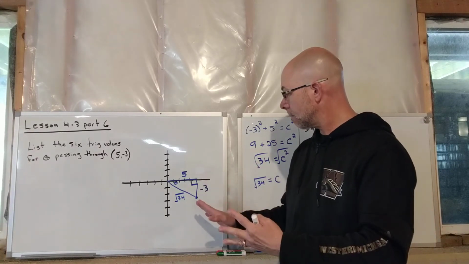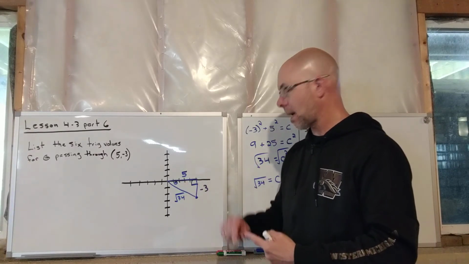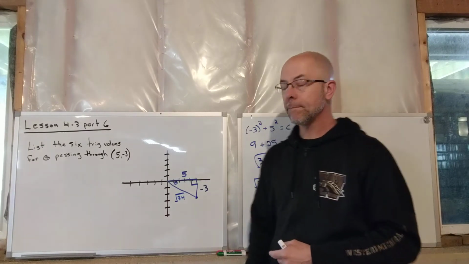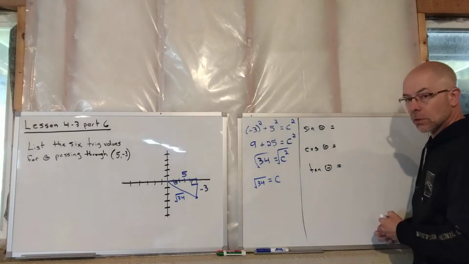So as I say sine, I've got to do opposite over hypotenuse. And some of these are just going to be a huge pain. It's negative 3 over the square root of 34.